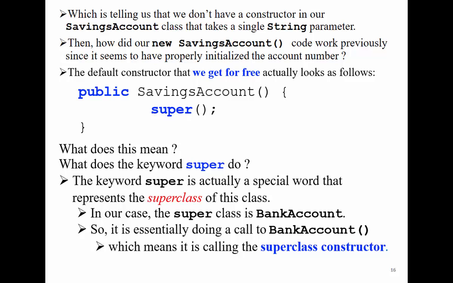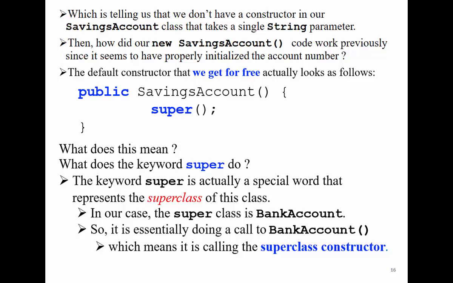And you can see here, by inserting super, we are now referring to the immediate superclass. What is the immediate superclass in this case? Bank account. We're going to look inside the bank account. Do we have a no argument constructor there? Yes. If we don't have, we're going to go back to the object.